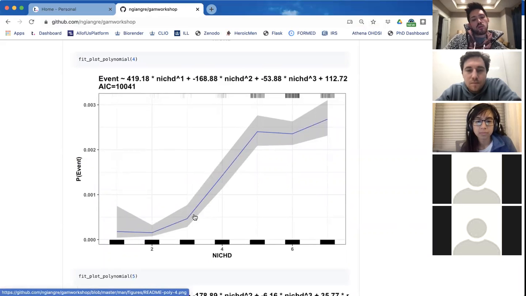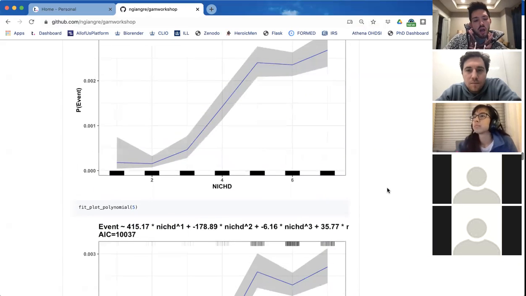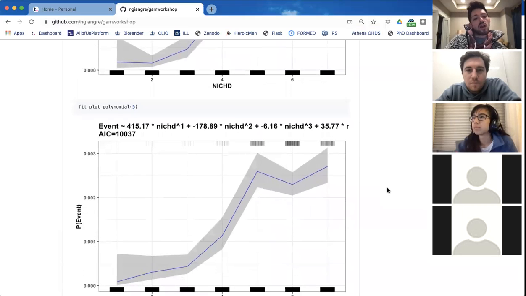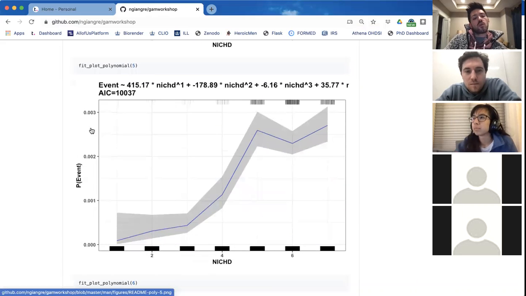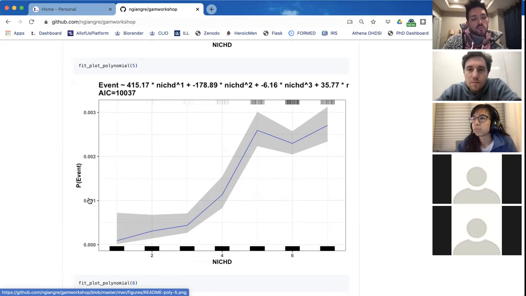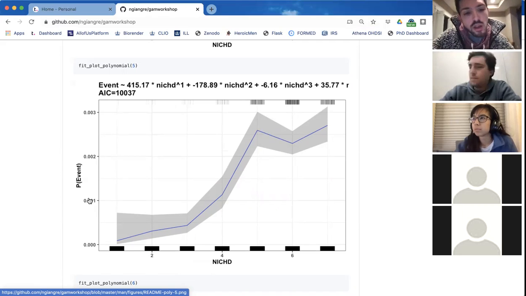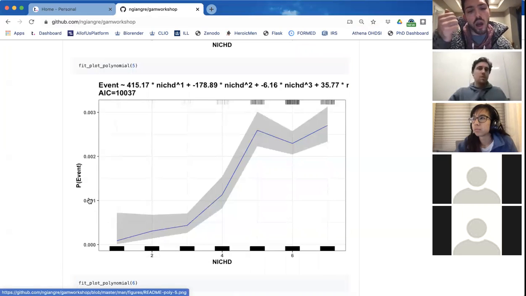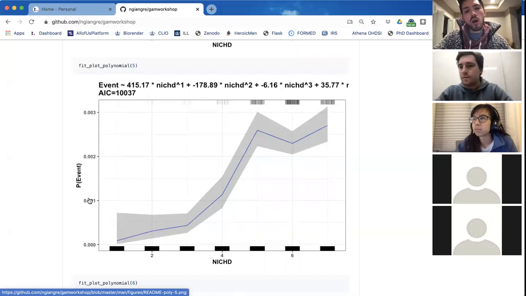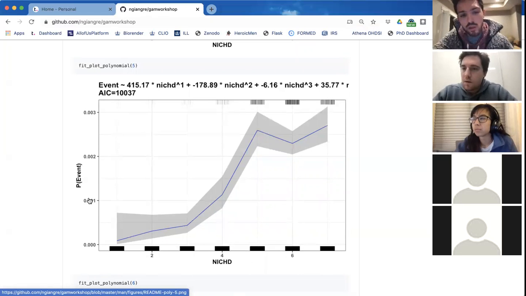The line produced looks like this. And then the degree goes to 5. And you can see on the y-axis that the probability is pretty small, and that doesn't really make sense. So this already tells me that this is not a great model, and the probability specifications are not very good.